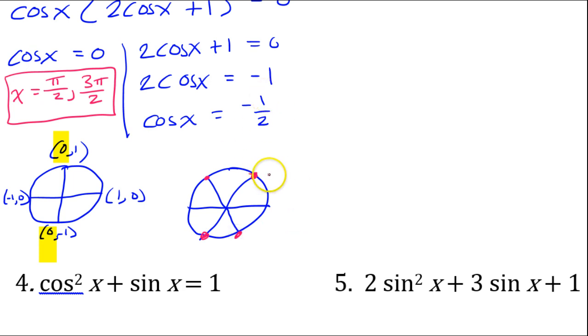It's just that these two will be positive 1/2 and these two will be negative 1/2 because cosine is an x value, positive to the right, negative to the left. Because we want negative 1/2, we want these two angles. So those angles will be the solutions. So the additional solutions are 2 pi over 3 and 4 pi over 3.